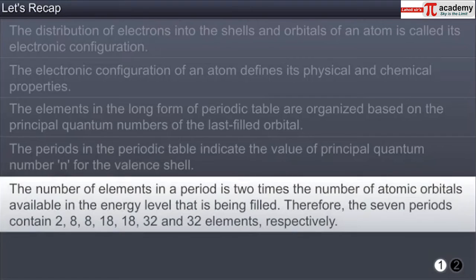The number of elements in a period is 2 times the number of atomic orbitals available in the energy level that is being filled. Therefore, the 7 periods contain 2, 8, 8, 18, 18, 32 and 32 elements, respectively.